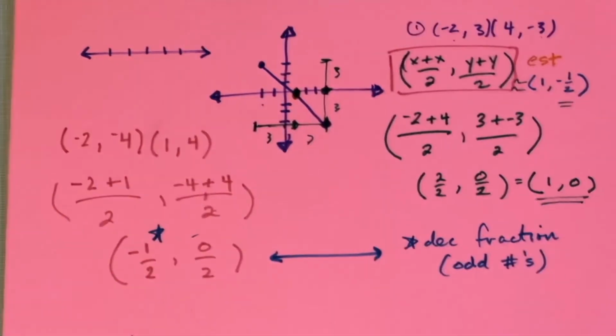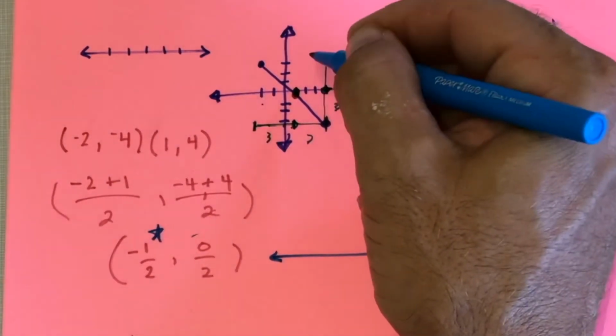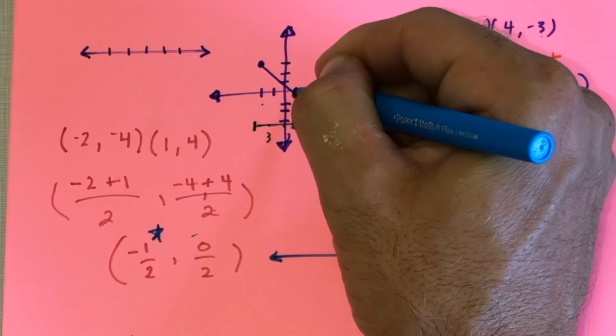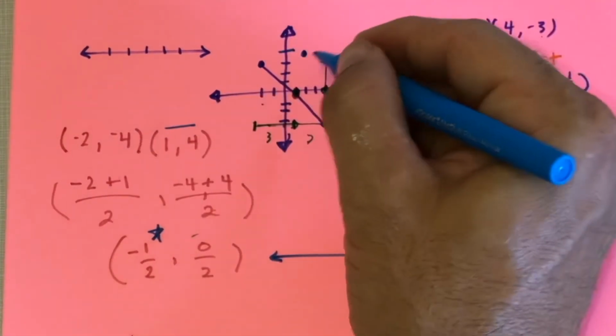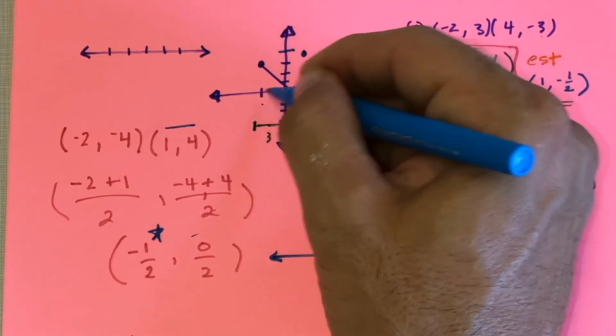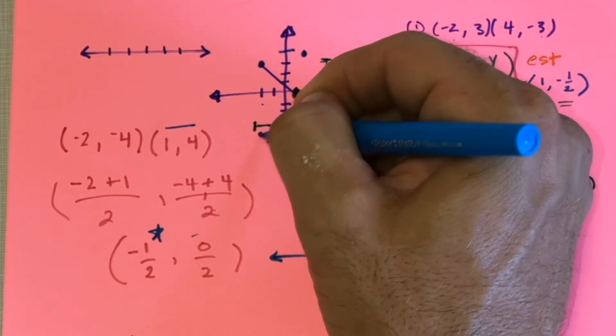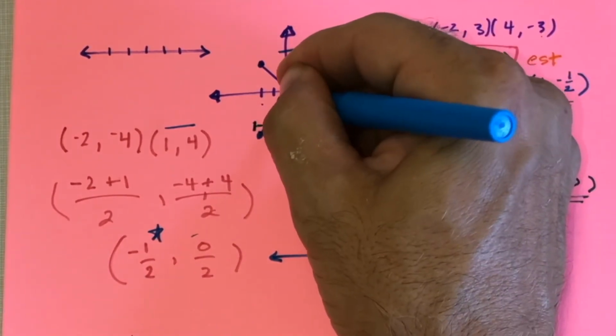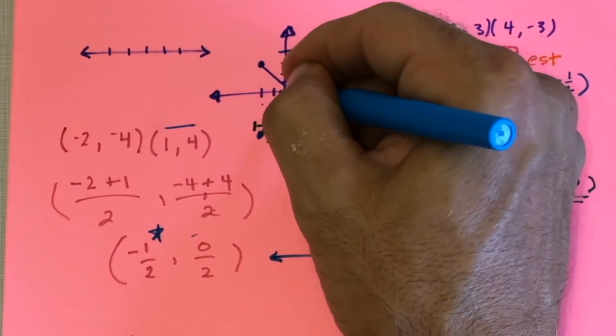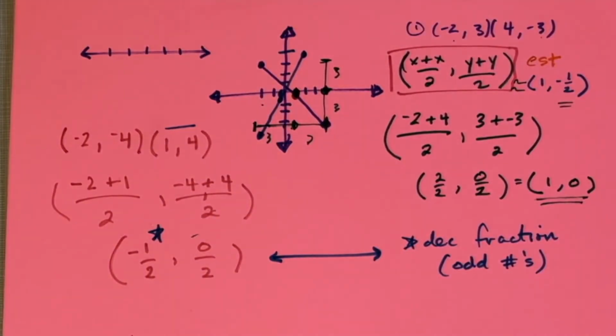And if you wanted to see that here, that would look like 1 and 4. This would be this coordinate here, and then the -2 and 4, which would be somewhere down here. And it does make sense that our midpoint is somewhere at -0.5. It should actually be -0.5 and 0 there.